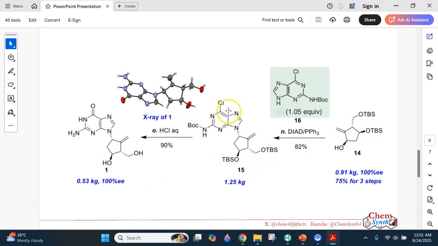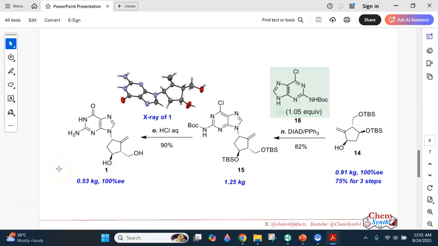Also you can see this chloride functional group has been converted into the carbonyl here. So at the final step you can see there are multiple role of this aqueous HCl.